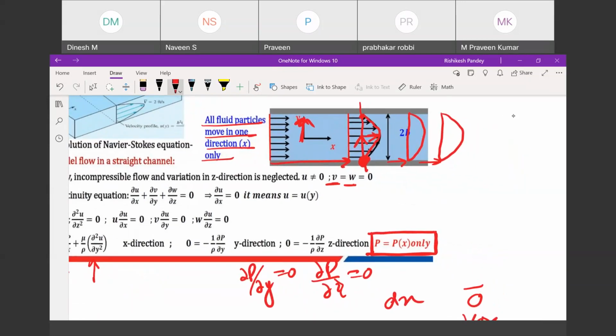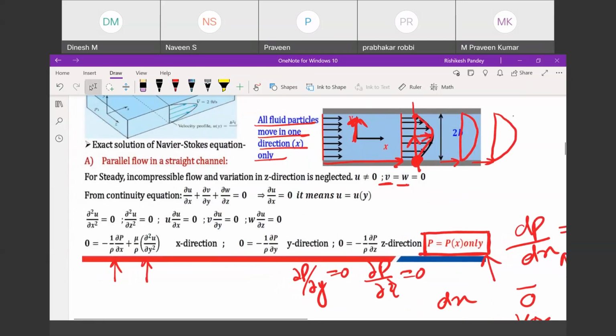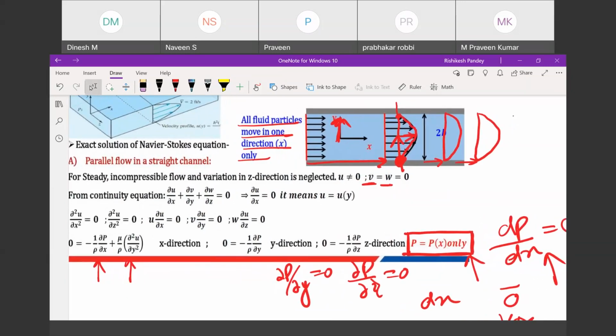Pressure varies in x direction only, and the variation of pressure in x direction is constant. It is not zero, it is some constant value. So two things related to pressure: pressure varies in x direction only, and the pressure gradient is constant. Clear? Make a note of this one.